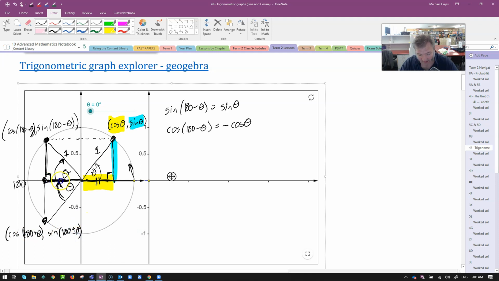Well, we can see the x-coordinate is the same size again, but in the negative direction, so we can write cosine of 180 plus theta is the same as negative cosine theta.